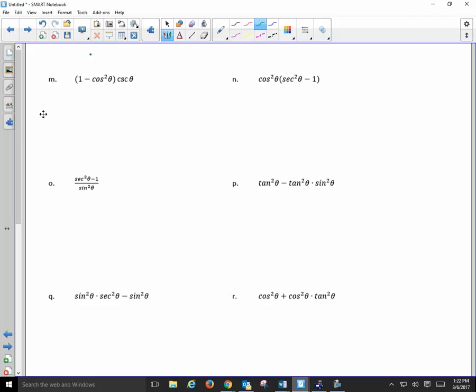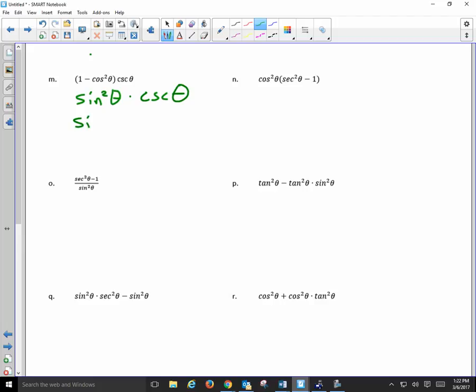So 1 minus cosine squared. Using equation number 5, what does that simplify to? So all of a sudden, this is sine squared of theta times cosecant. Well, that worked out pretty nice, didn't it? Did we learn how to simplify that on Friday? Yeah.